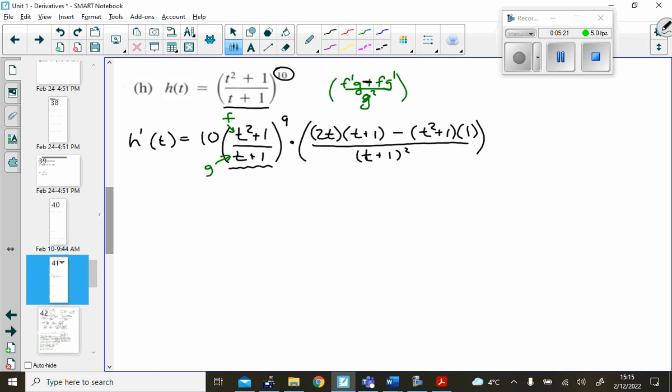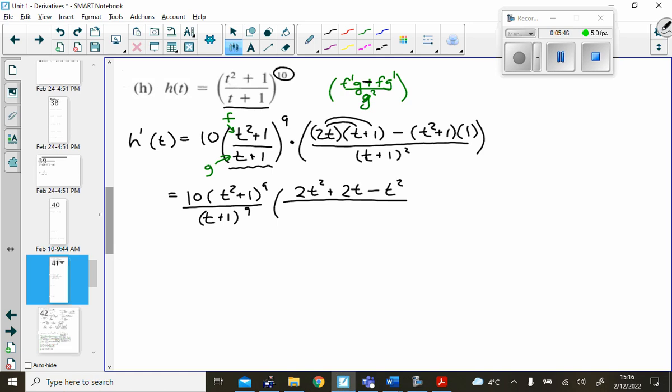Same as last time, I'll distribute that 9 onto both terms. t squared plus 1 to the 9th over t plus 1 to the 9th. And on top in the second bracket, distribute 2t squared plus 2t minus t squared minus 1.